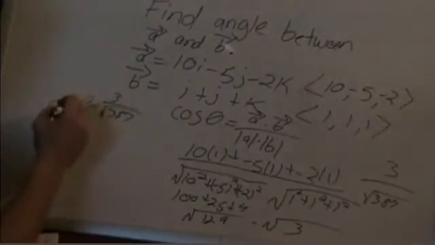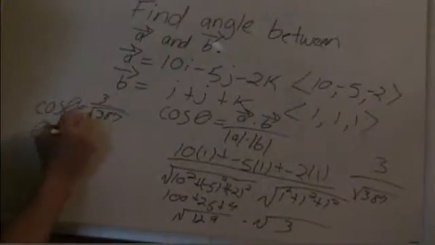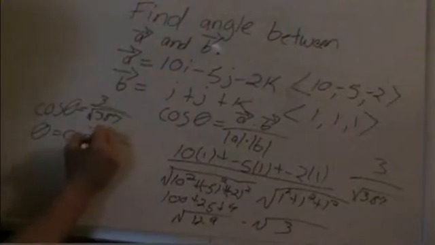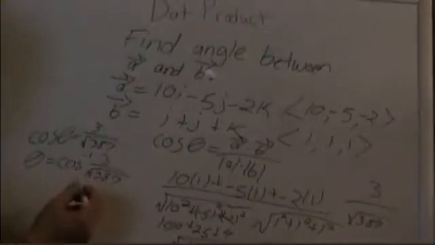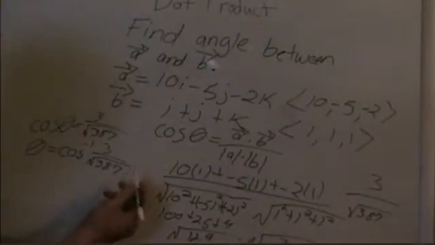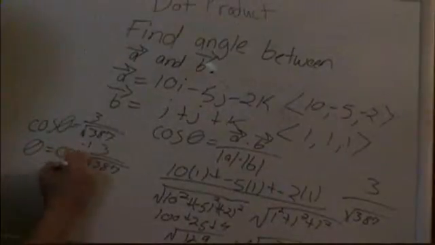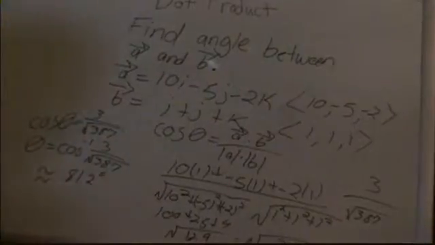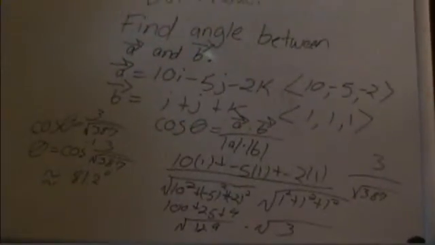And you're going to divide your cosine over, so you could say that theta is equal to the cosine inverse of 3 over radical 387, and punch that in your calculator, and it's approximately 81.2 degrees, I believe. So there's another way that you can use your dot product to help you find the angle between two vectors.